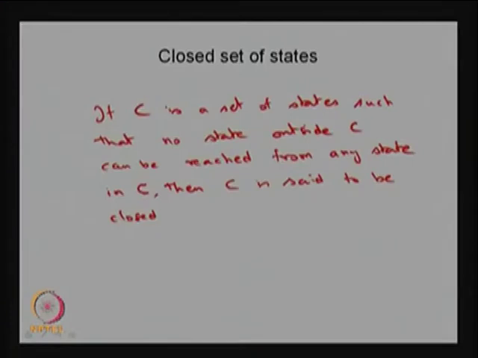If both the properties are satisfied, the states communicate with each other as well as the closed property is satisfied, then we can say that it is a closed communicating class. So, any subset in the state space S, if each element within the set communicates with each other and satisfies this property, then that collection is a closed communicating class.